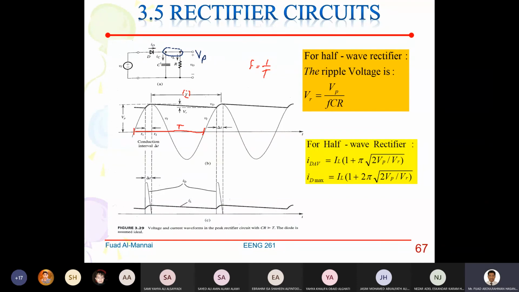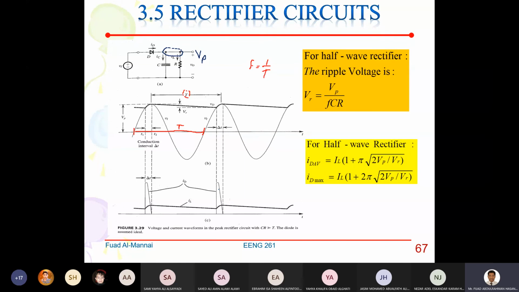Remember what you took in EENG261, known as the time constant, CR. So when the capacitor is large enough and the resistor is large, then the capacitor will discharge slowly, as you can see here.